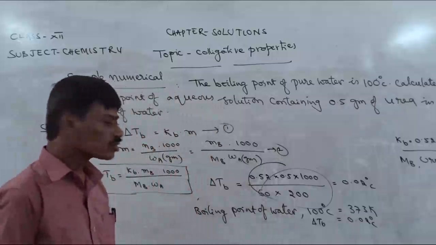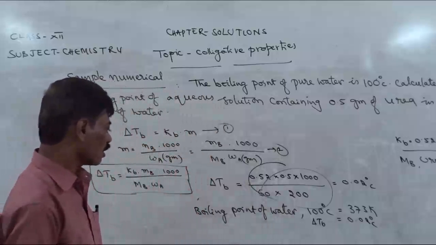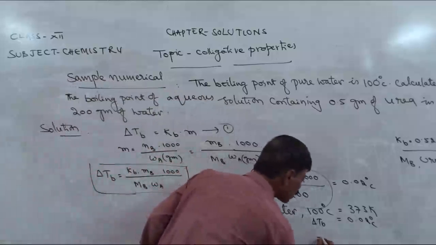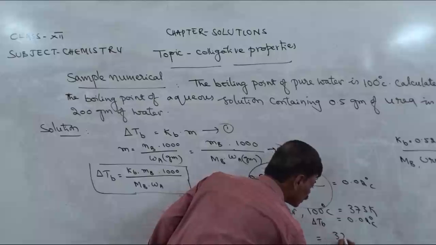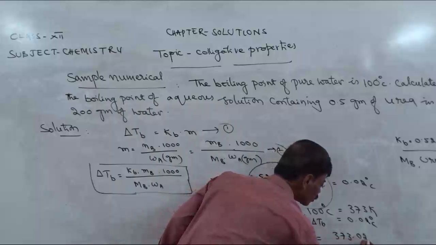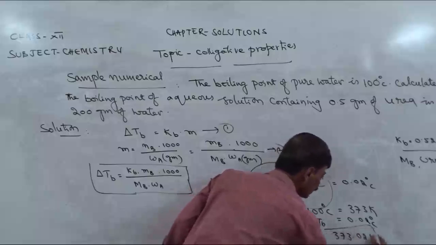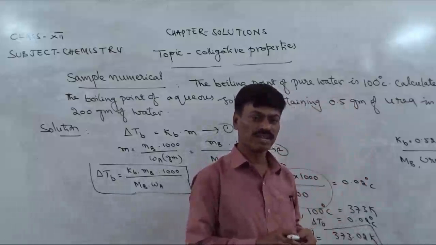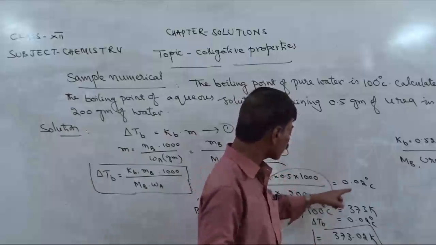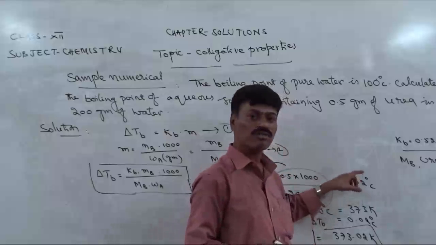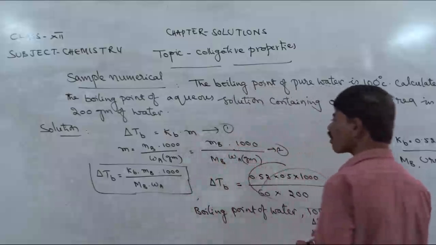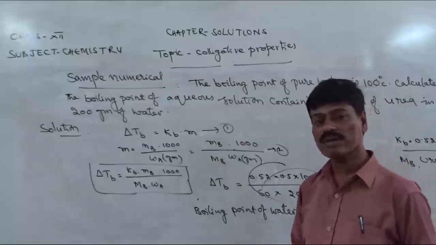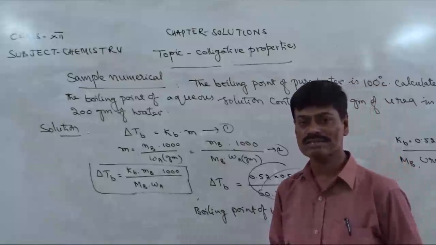Therefore, when that solute is added, the boiling point of water increases. That elevated temperature is equal to 373.02 Kelvin. Elevated means increased from the normal boiling point, that is 373 Kelvin. That increase is equal to 0.02. So when we add it to the normal boiling point of water, we will get the elevated boiling temperature of the binary solution wherein urea is dissolved in water.